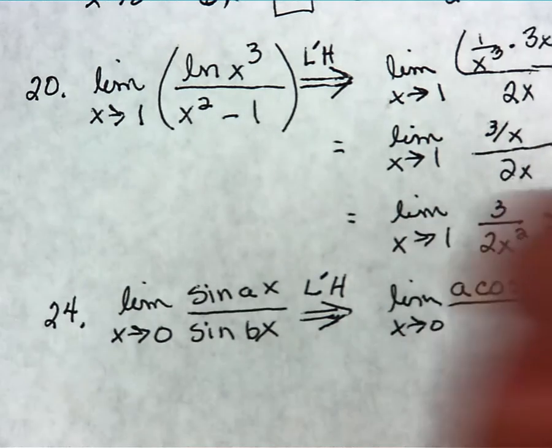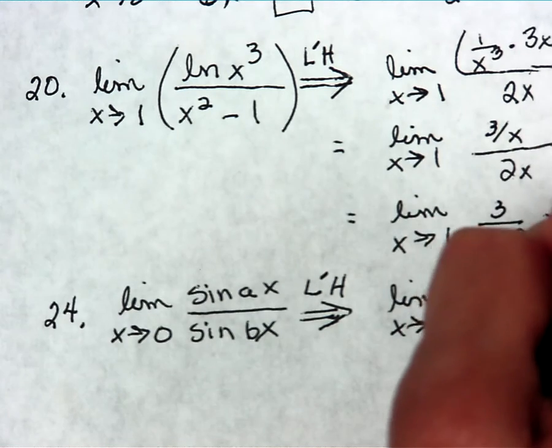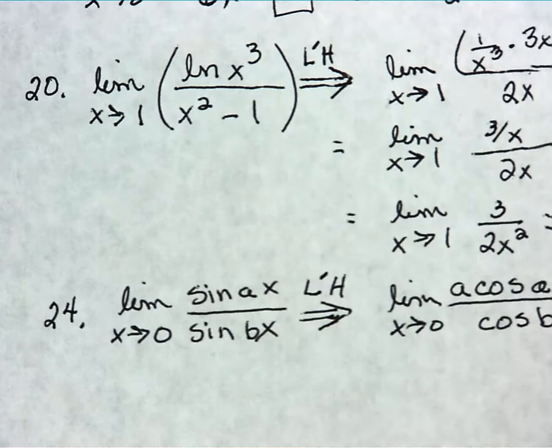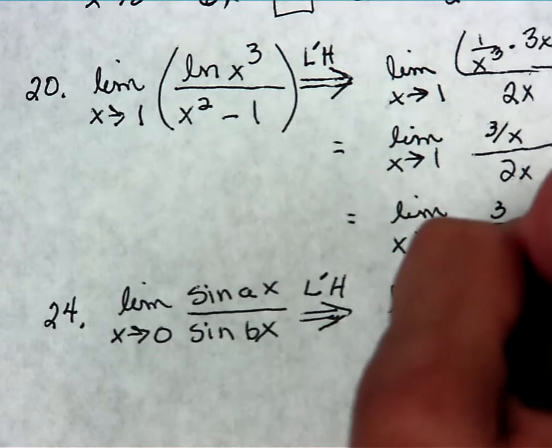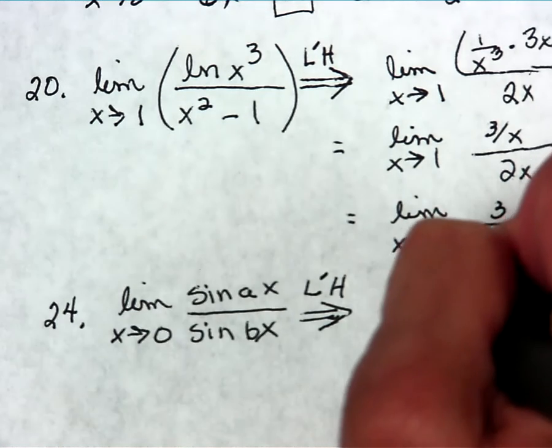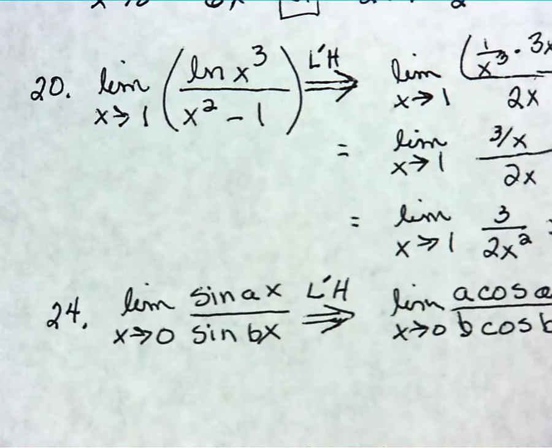Same thing in the denominator. Now, looking at the derivative of the denominator, is that 0 anymore? No. Cosine of 0 is 1. So I've verified the third condition.